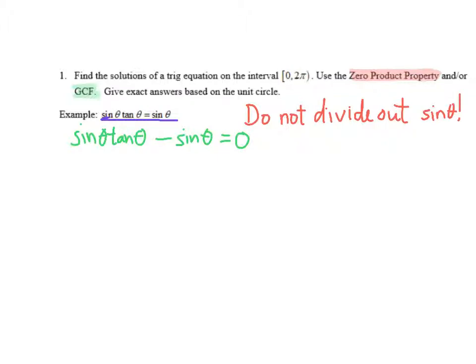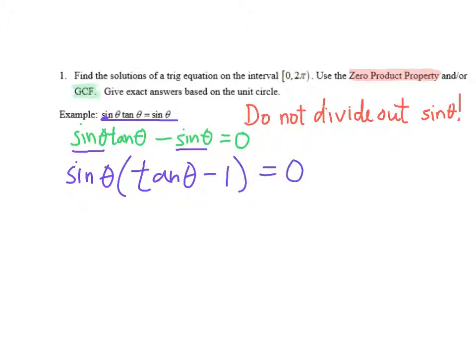Okay, so we're going to factor out the GCF, and in that case, there's a sine theta in each term. So we have sine theta times the quantity tan theta minus 1 equals 0, because we divided sine out of the sine tan and out of sine.